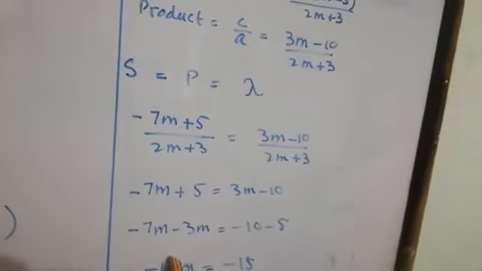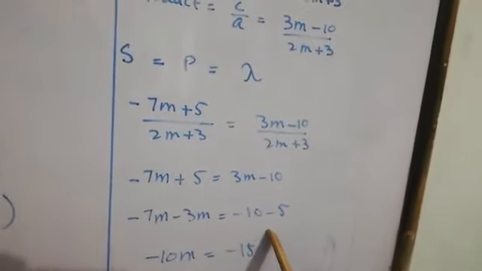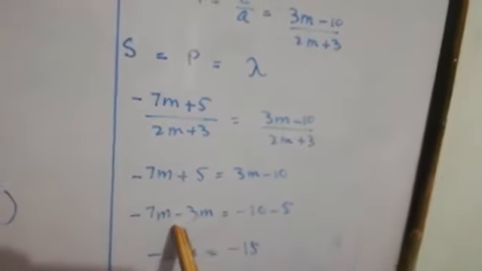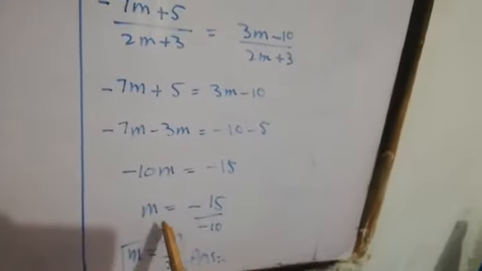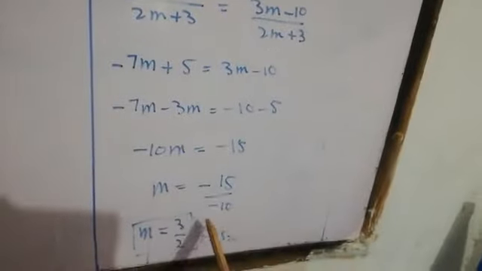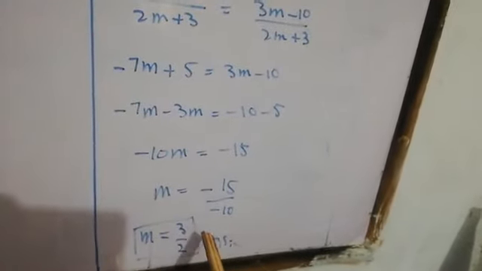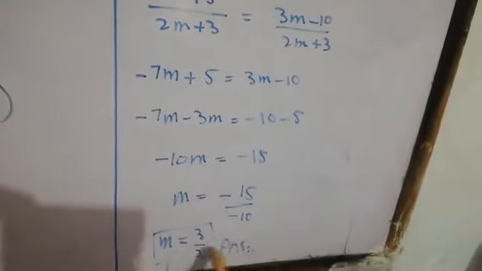Now we will arrange the values of m on the left hand side and the constant values on the right hand side and get minus 10m equals minus 15. Now we will divide the equation by 10 on both sides and get the answer 3 by 2, which is the value of m.